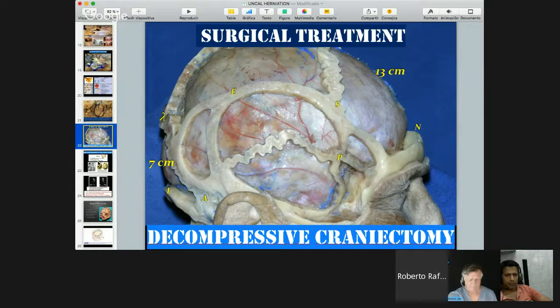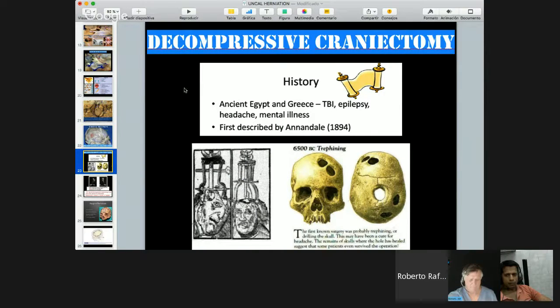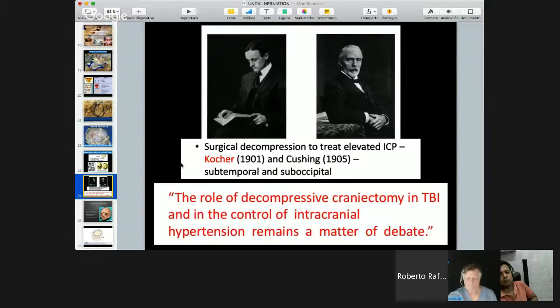The decompressive craniectomy has a long history, and here you can see the first trephination, the first small craniectomies in very old pieces. But Kocher and Cushing, at the beginning of the 20th century, made the decompressive craniectomy to treat elevated ICP, and they practiced subtemporal and suboccipital craniectomy.